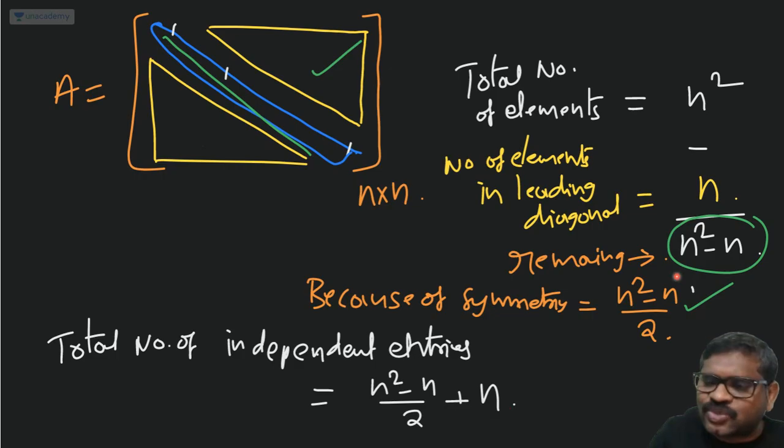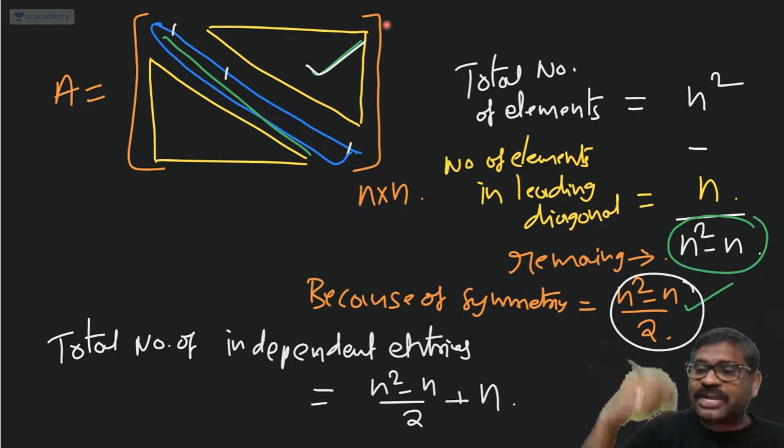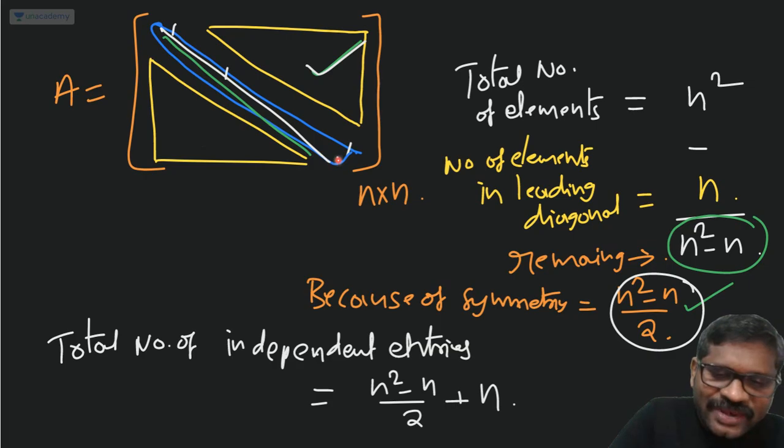These n square minus n by 2 are the entries above the leading diagonal or below the leading diagonal, because both follow symmetry, plus this leading diagonal. That leading diagonal is nothing but n.